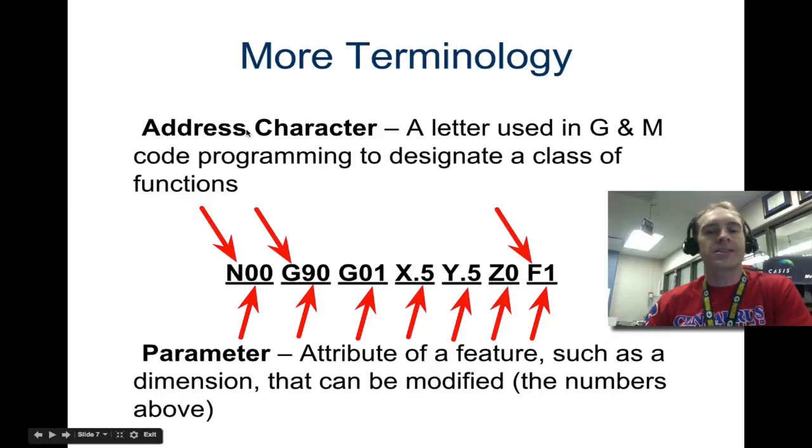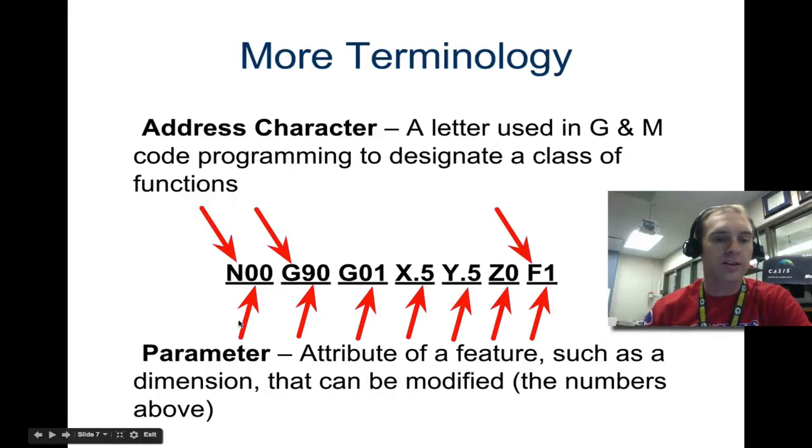You have address characters, and it might be easier just to copy a line of code or type this line of code in and point to that N is a character, G is a character, F is a character. Those are all characters. You can see that the X, the Y, the Z, those would all be characters. So any letter before is a character. A parameter is something that is used to kind of define what the character is going to do, and those are all the numbers.